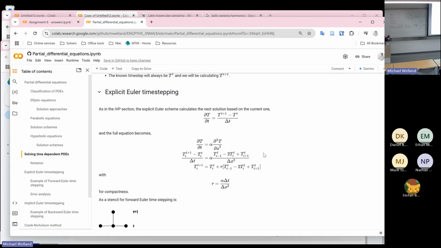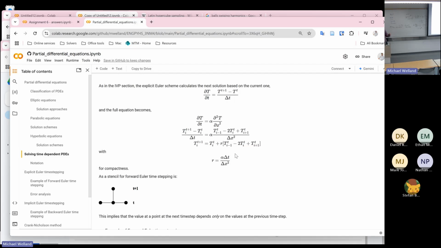Again, we know temperature at t. What we want to find is t+1. And the explicit Euler is saying T^{t+1} is an explicit expression of our known quantity, T^t. Does that make sense?